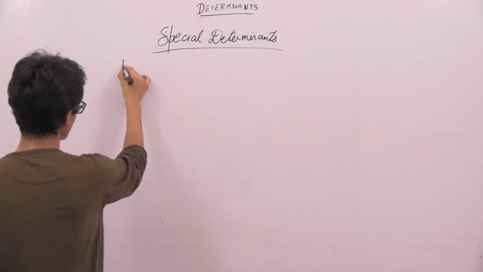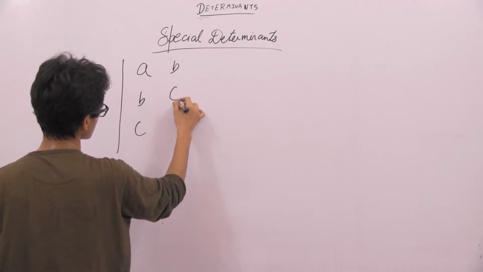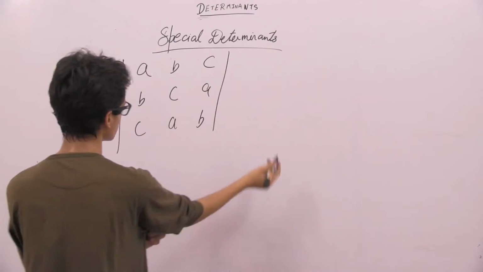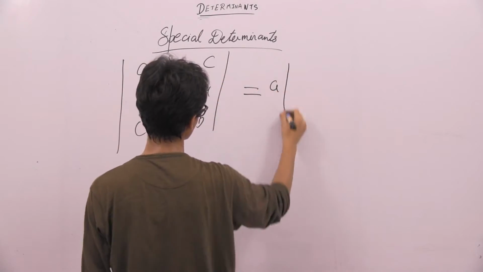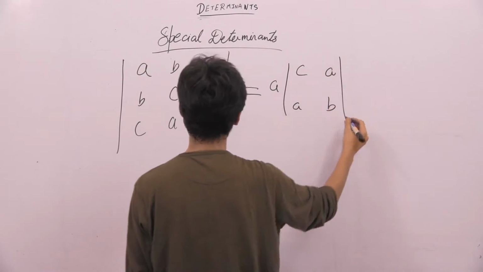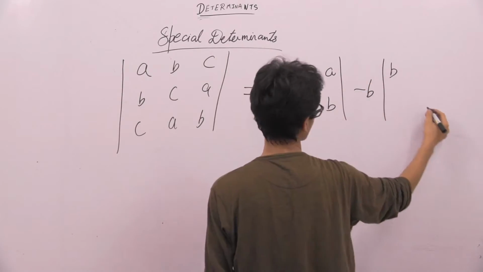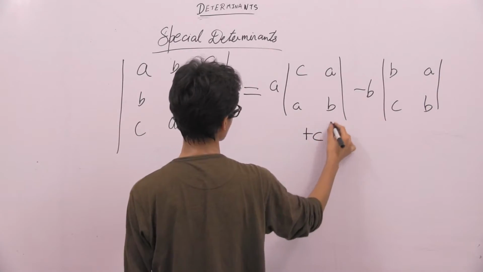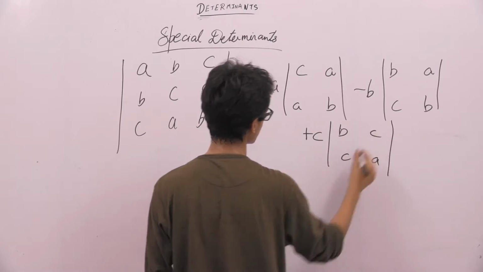So we had the cyclic determinant. Let's solve it. Taking this row, A multiplied by (CBA minus B multiplied by BCA plus C multiplied by BAC.